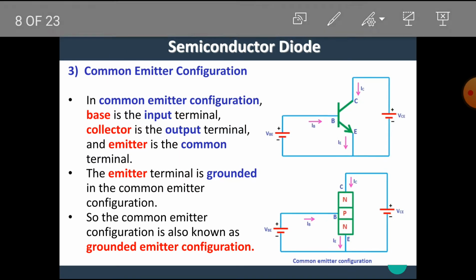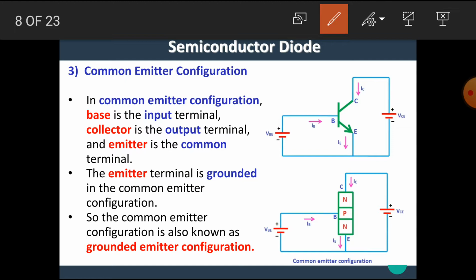Now let's see the third type of transistor configuration, common emitter configuration. The most widely used transistor configuration is the common emitter configuration. In common emitter configuration, base is the input terminal and collector is the output terminal and emitter is the common terminal. As the name implies common emitter, the emitter terminal is common between input and the output.